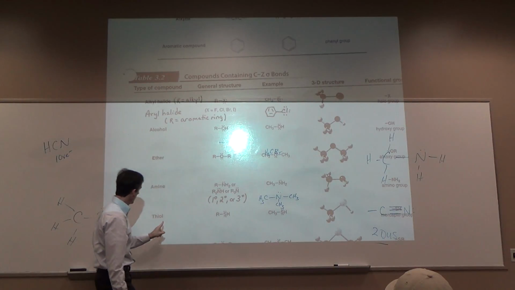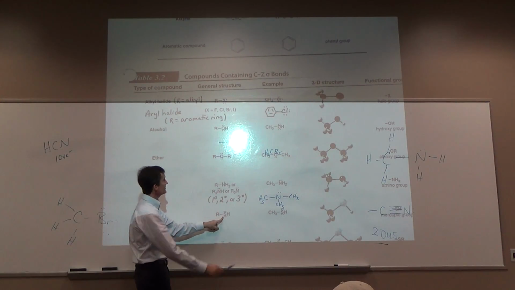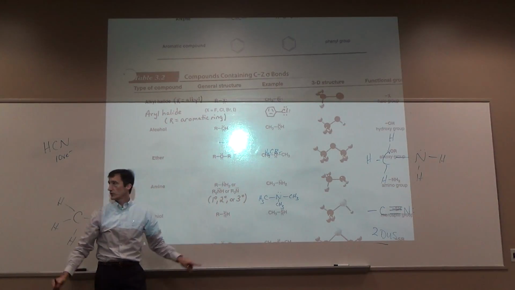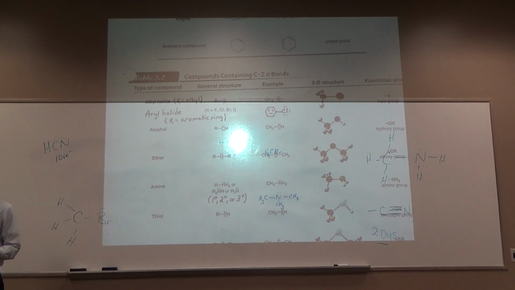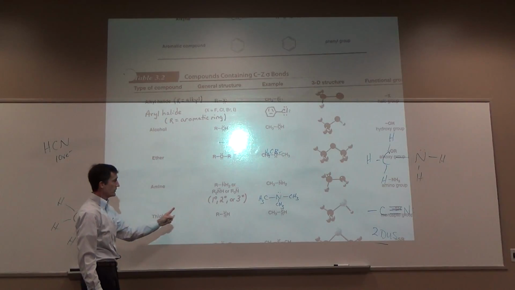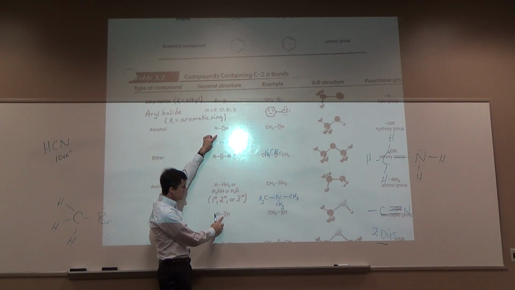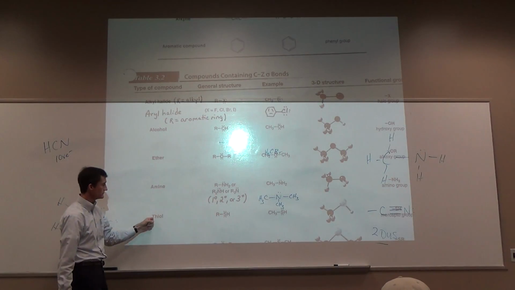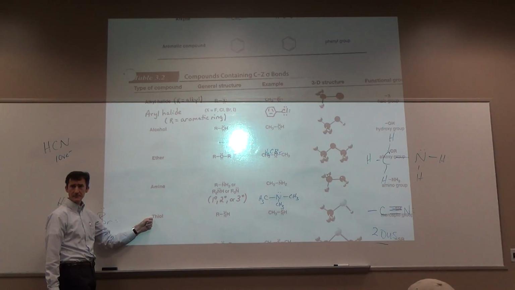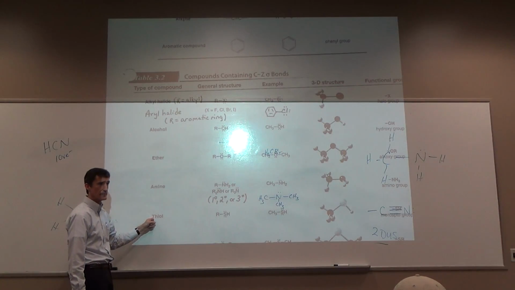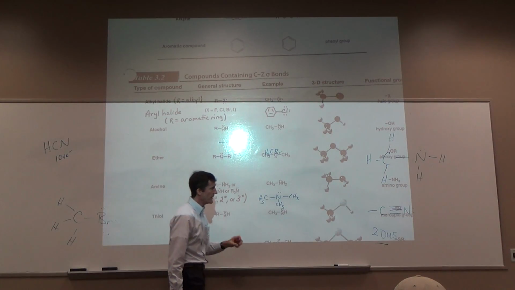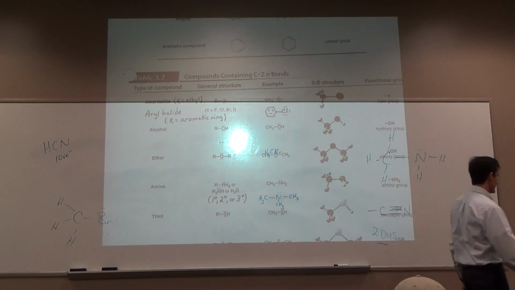Okay. Thiol. Thiol is analogous to alcohol. Sulfur is below oxygen. It's the same exact bonding. And so you see how the similarity is. It's called a thiol. Sometimes called a mercaptan. Sometimes biochemists say that. Thiols are very common in biochemistry.